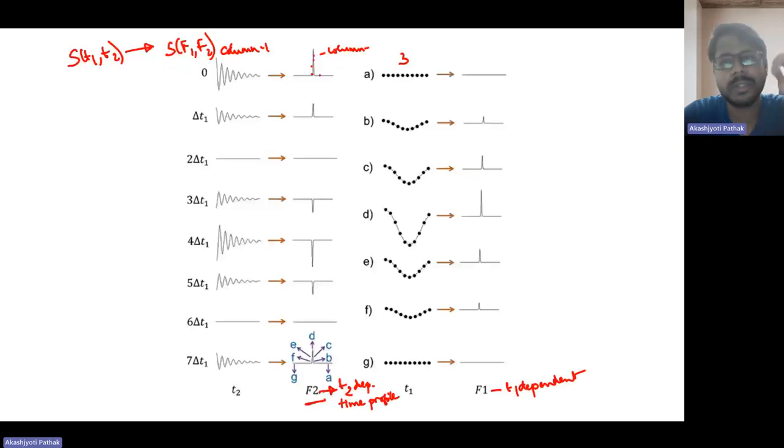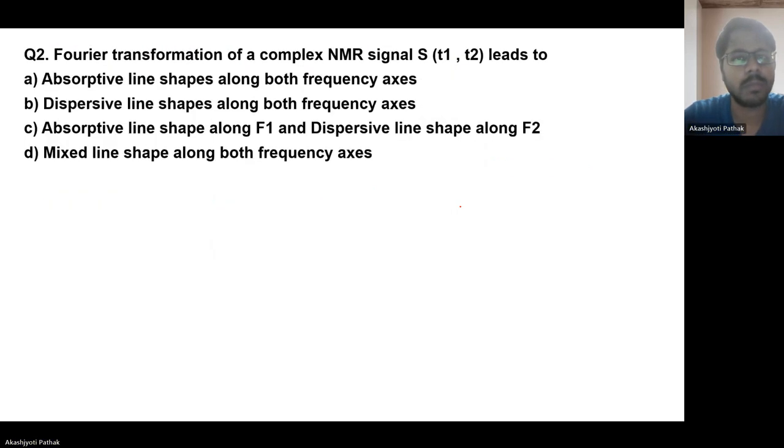You can also refer to this figure. You Fourier transform it, and then you get these different line shapes, right? Here also you get different dimensions. Now try to answer this question. I'll give you 2 minutes to think about this.